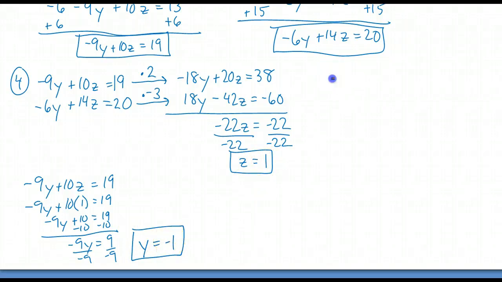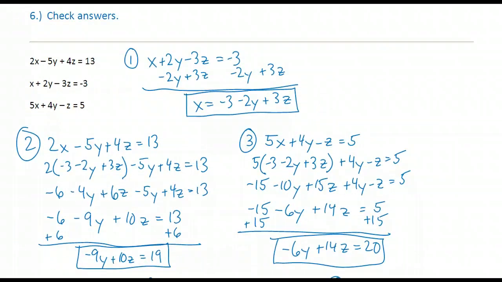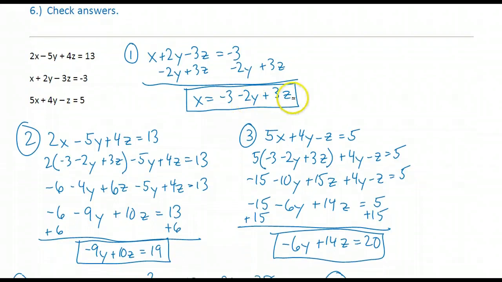Now step 5, I need to solve for my remaining variable. In this case, it's x. So I need to find an equation that has an x in it and a y and a z. I could use any of these equations, but I have a really nice convenient equation from step 1 that involves an x, a y, and a z, where x is already solved for.